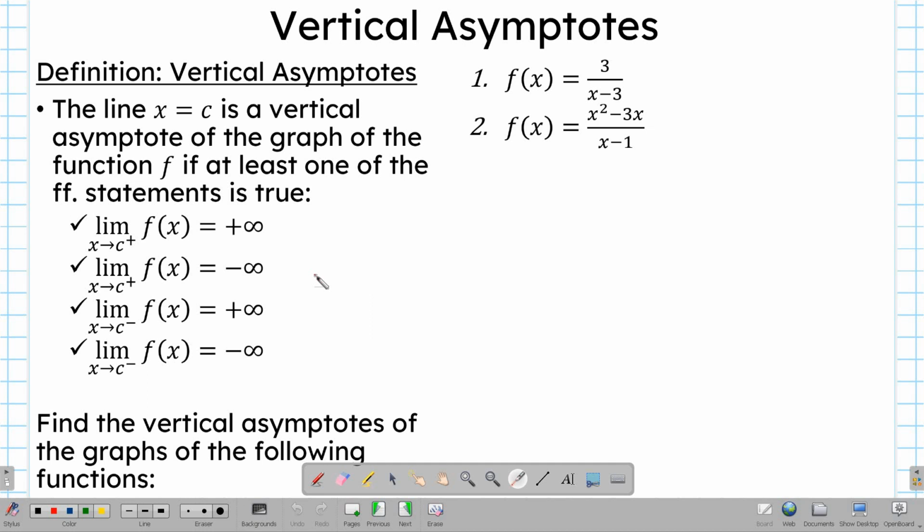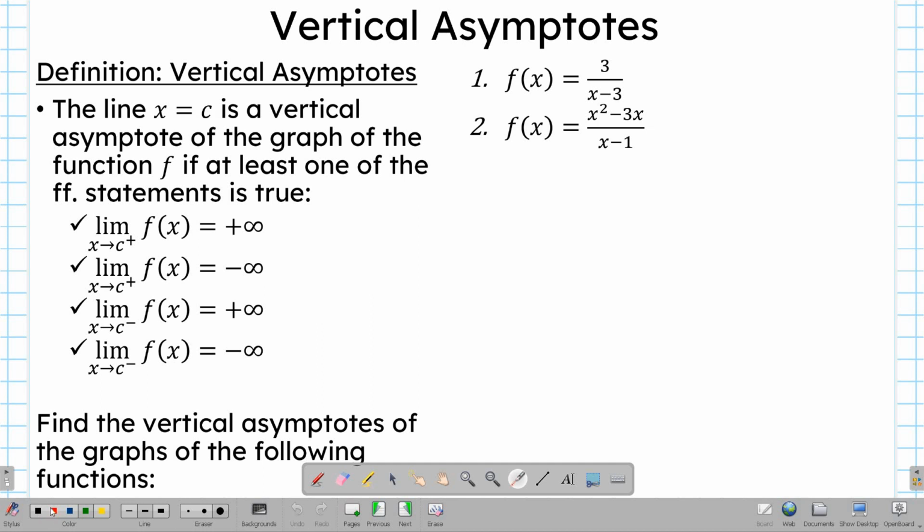What is definitely true is that as your graph of the function approaches the line x = c, and it tends to go to positive or negative infinity, then that line x = c is a vertical asymptote. You just need to fulfill one of these to show that the line x = c is a vertical asymptote.